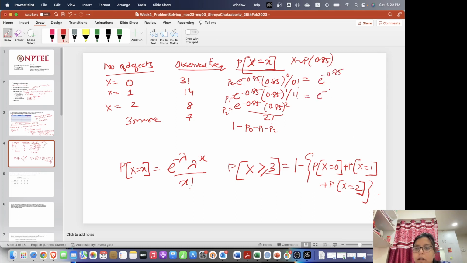This should be e to the power minus 0.85 into 0.85. This should be e to the power minus 0.85 into 0.85 whole square by 2. Can you please do it now?